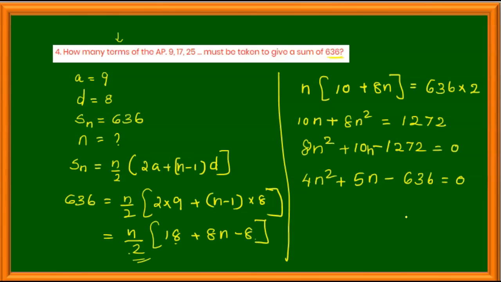So how to do that one? 4 into 636, how much is it? The product is a big number, right?